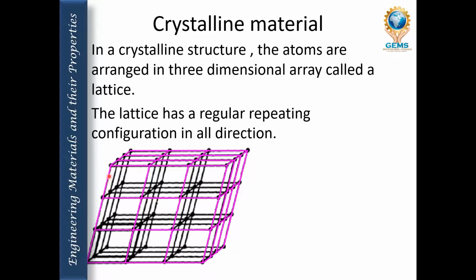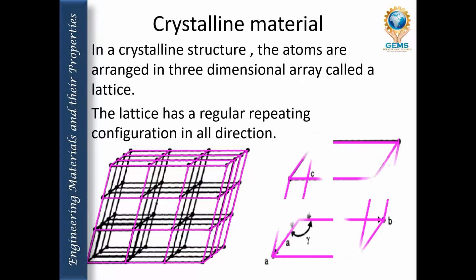The pink lines are atoms, the black line is another atom, and everything is arranged in a particular direction. The lattice has a regular repeating configuration in all directions, so everything will be even in all the directions.